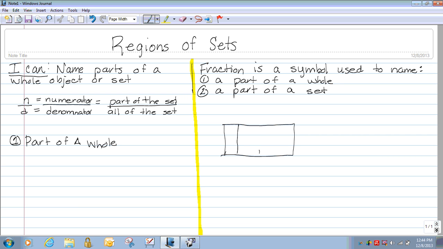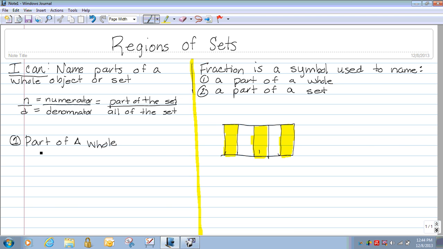I'm going to draw 1, 2, 3, 4 lines in there, and I am going to shade parts.